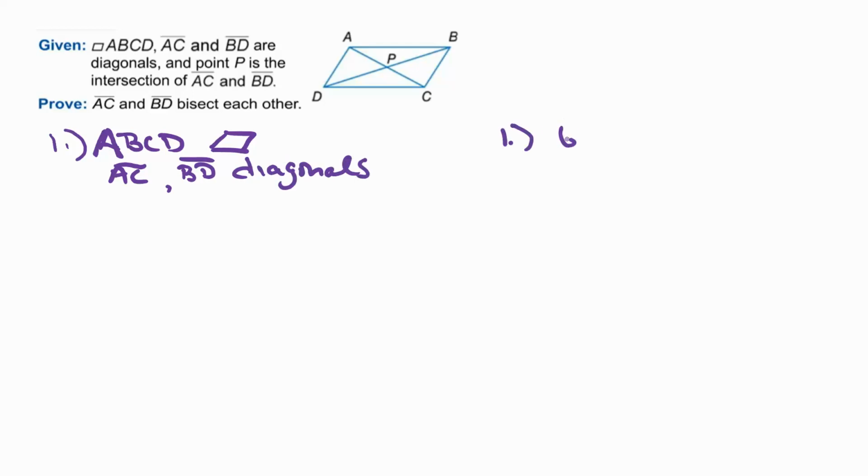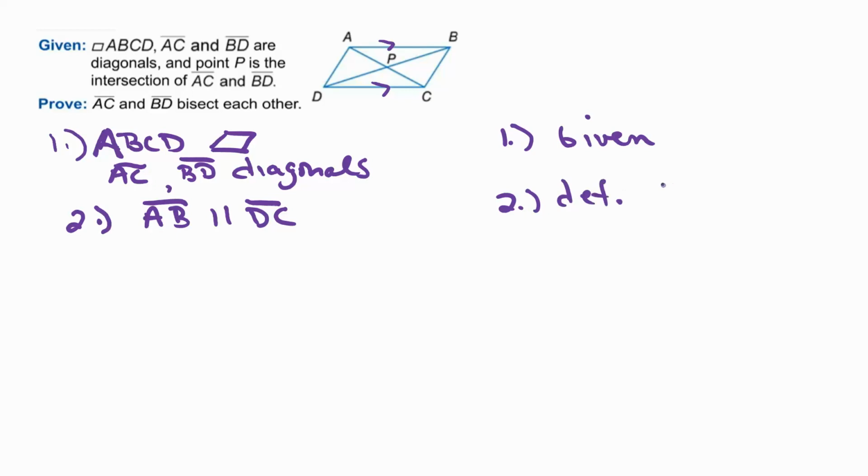And that's our given. So I'm going to start with that AB is parallel to DC. And that's by definition of parallelogram.